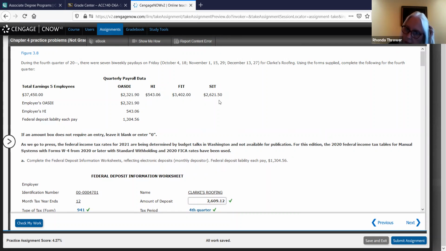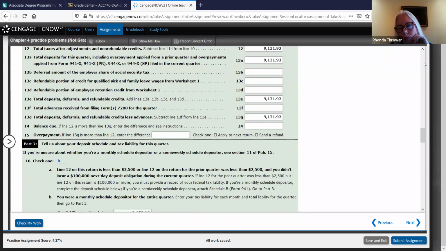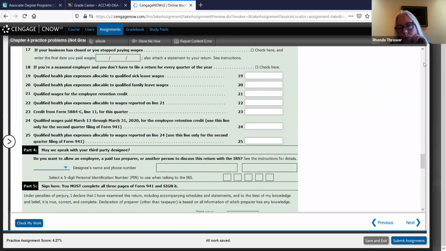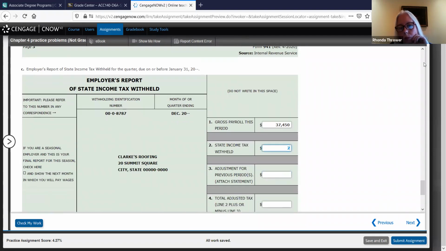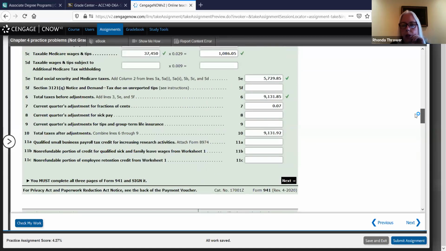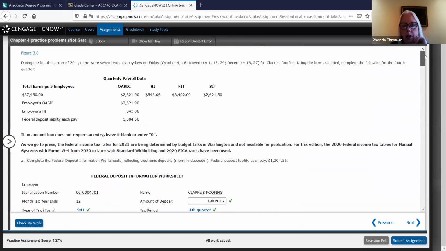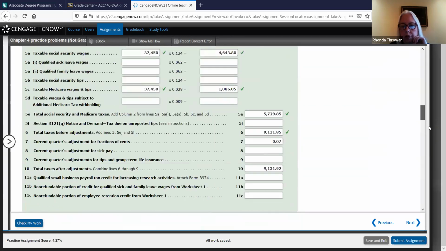We're looking at the state income tax. Probably need to write these down instead of flipping back and forth, but it's given. It's $2,621.50.